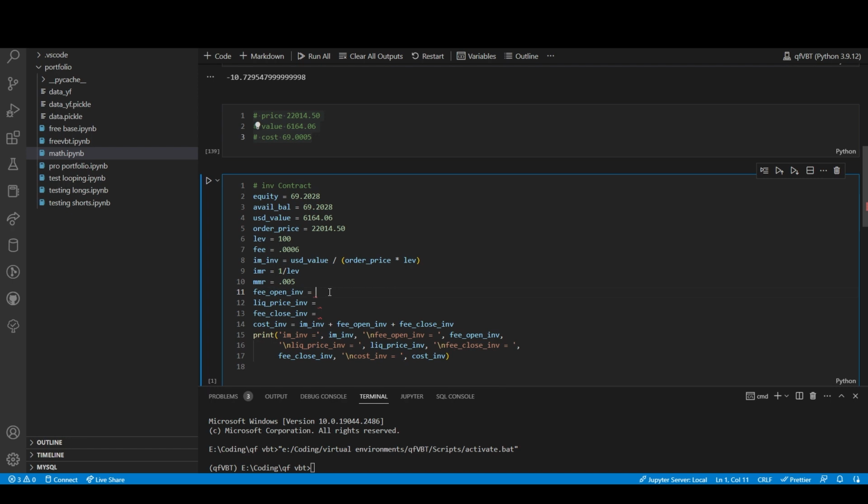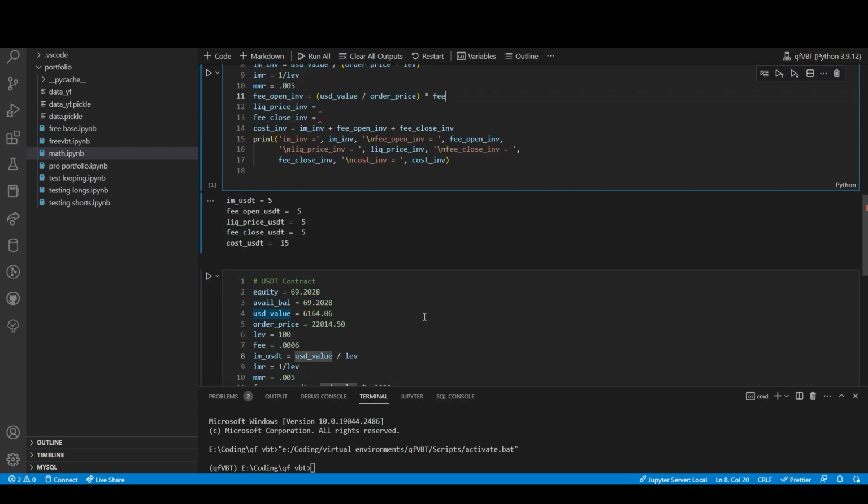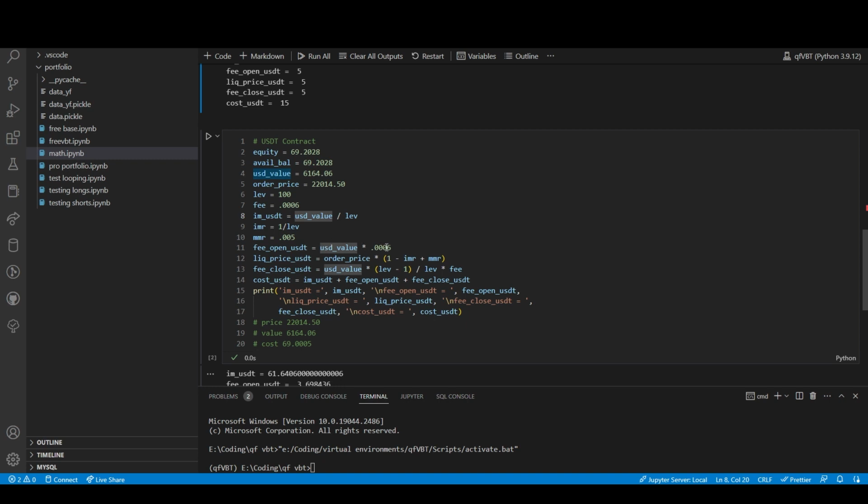Why am I doing this? So here it would be USD value divided by order price. That gives you your BTC times fee. Did I times the fee? Oh, why didn't I just put fee here?